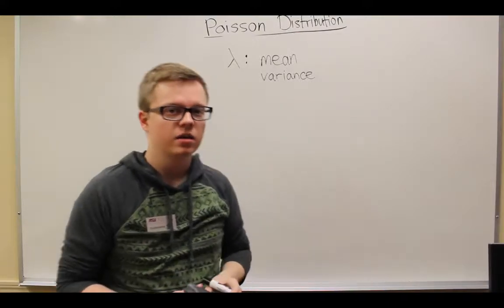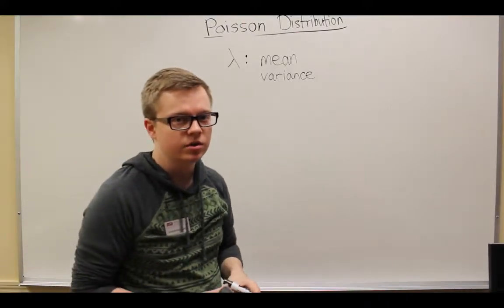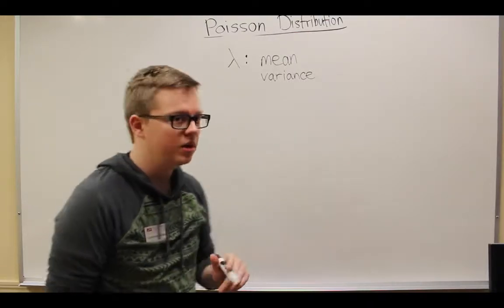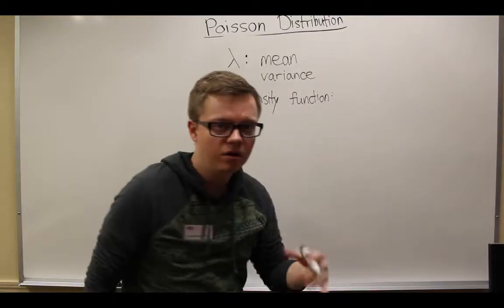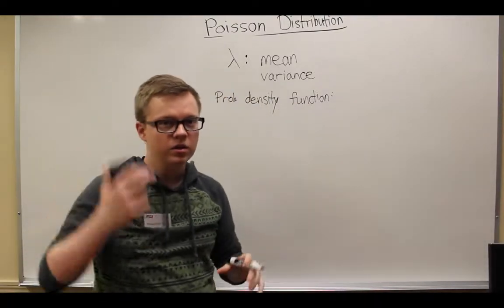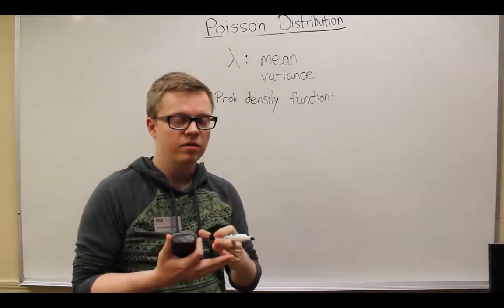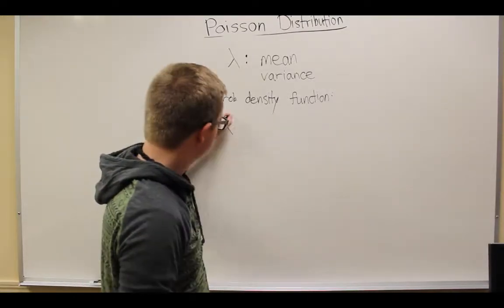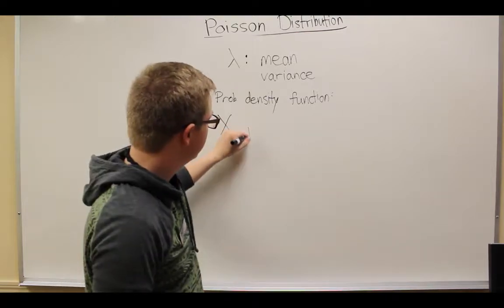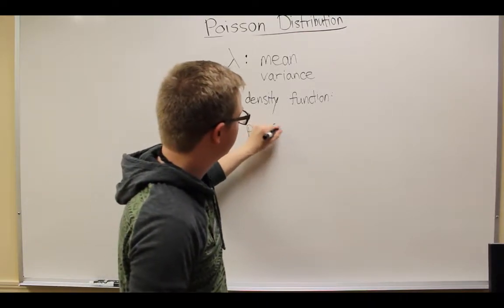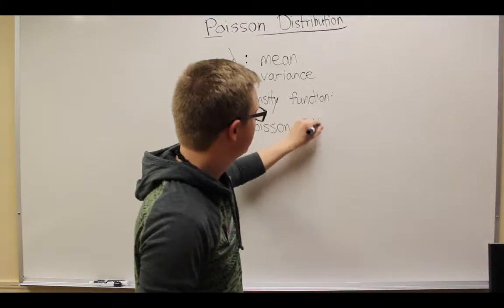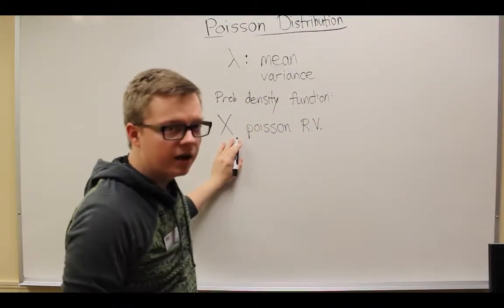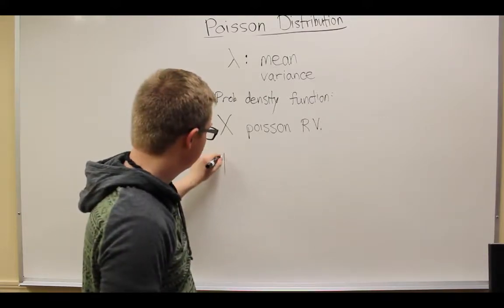Like any other discrete probability distribution, we want to have a probability density function, or PDF. If you'll recall the definition, it's the probability that a random variable takes on a specific value. So, for example, if capital X is a Poisson random variable, then the PDF of X is given by this formula.